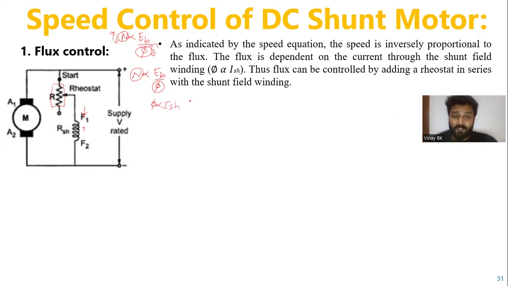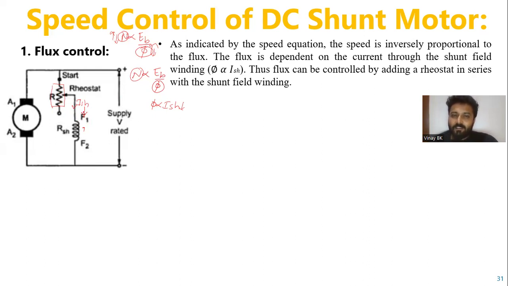I hope you're getting the point. Therefore, the flux can be controlled by controlling ISH, the current flowing to the shunt field winding. You can control this ISH by adding one variable resistor in series with it. That is what we call the flux control method.